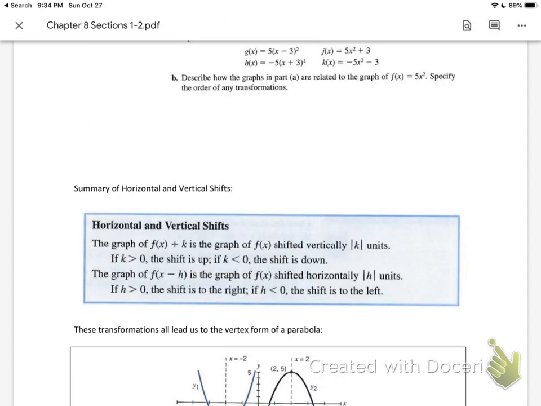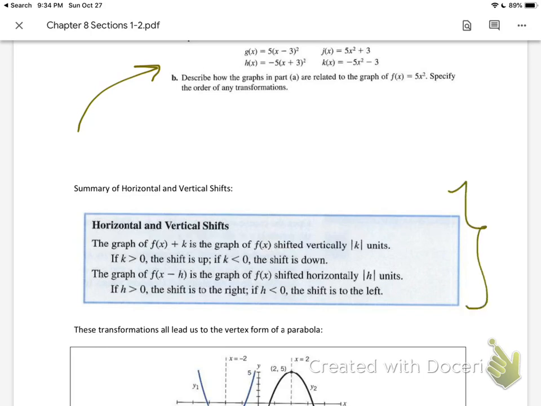Okay, so in this page, I have cut off the rest of this example, but it does take you through looking for vertical and horizontal shifts, and also reflections over the x-axis and vertical stretches and vertical compressions. So make sure you're comfortable with that.